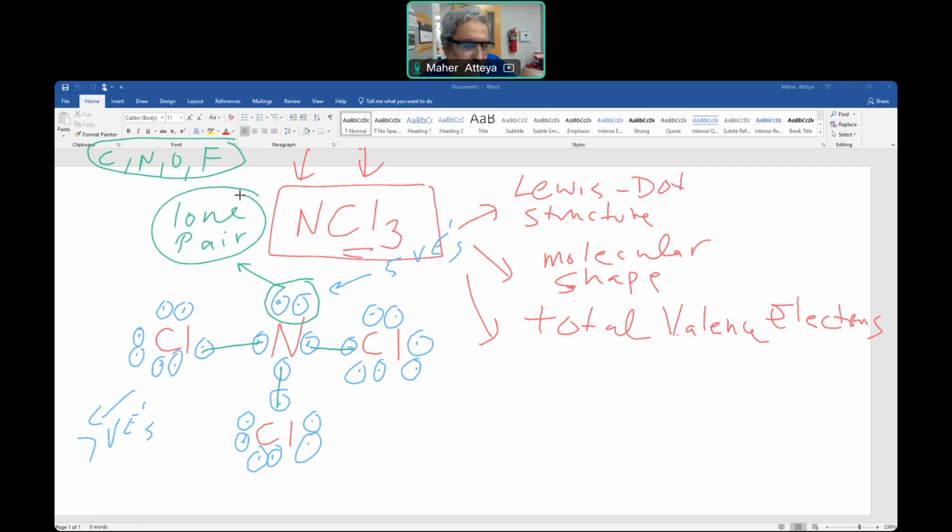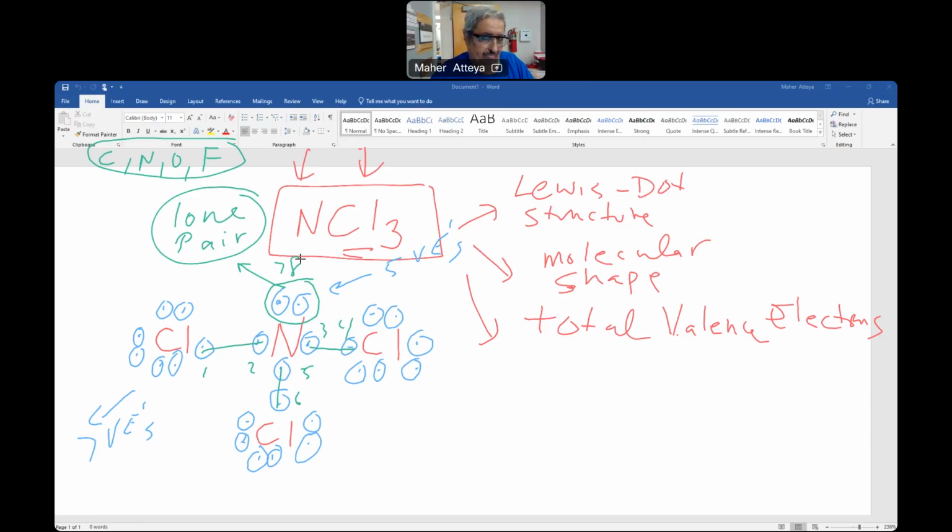But all is connected, and all of them have 8. If you calculate for nitrogen, 1, 2, 3, 4, 5, 6, 7, 8.